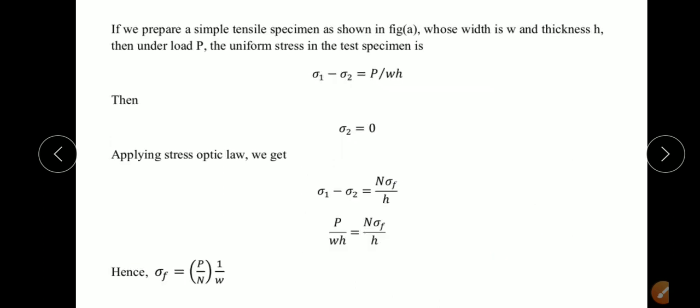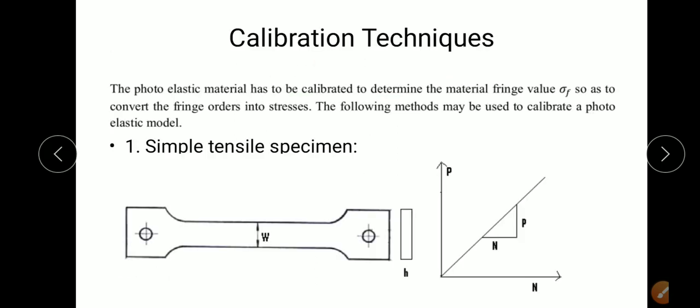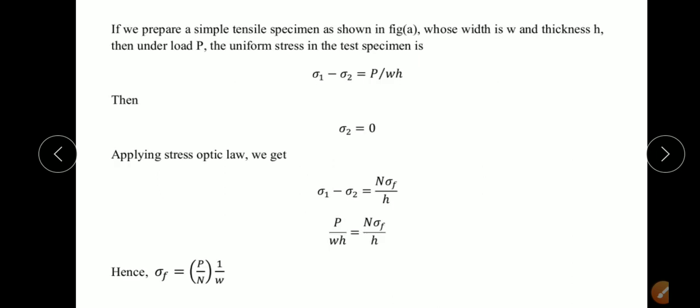See here how you are going to do it. If we prepare a simple tensile specimen as shown in the figure, whose width is W and thickness is H, then we apply some load. We have the general equation: stress is equal to load per area.